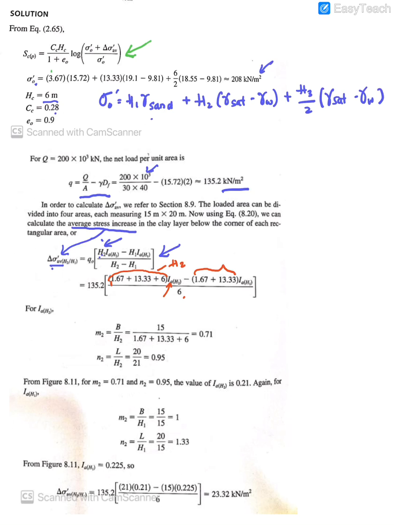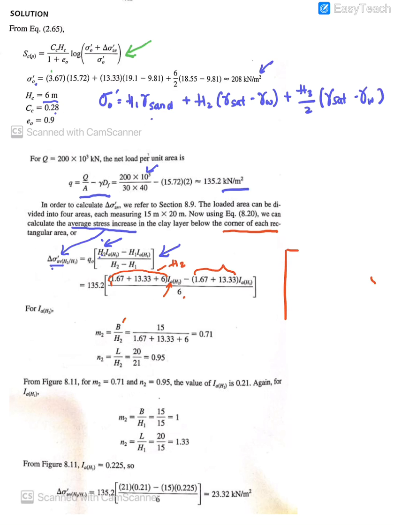So refer here. The equation to calculate M2 is B prime over H2, because now it refers to the corner of the rectangular area.